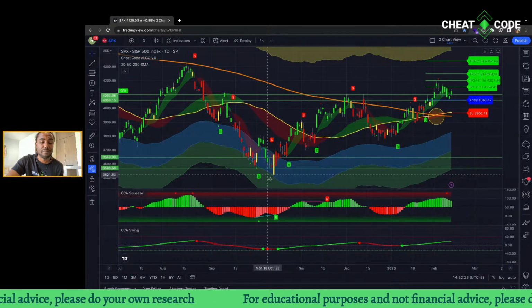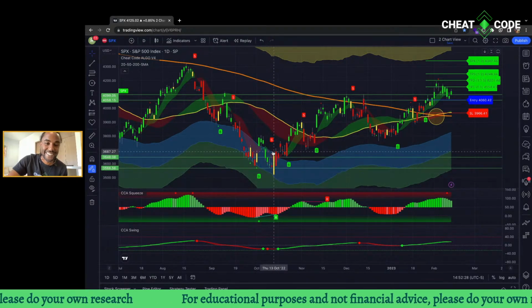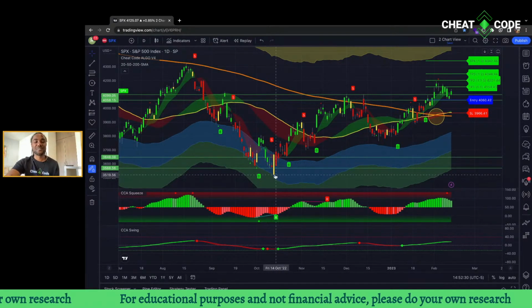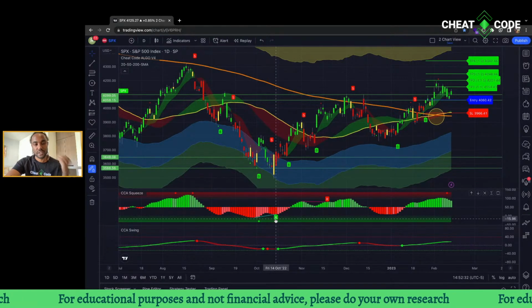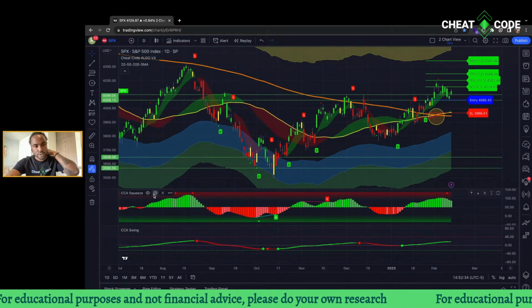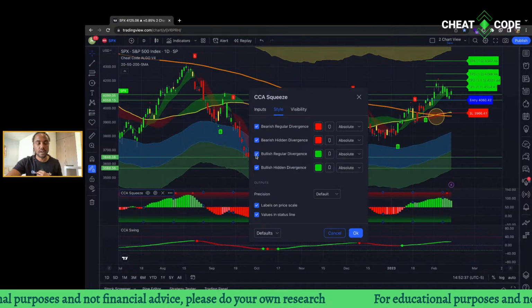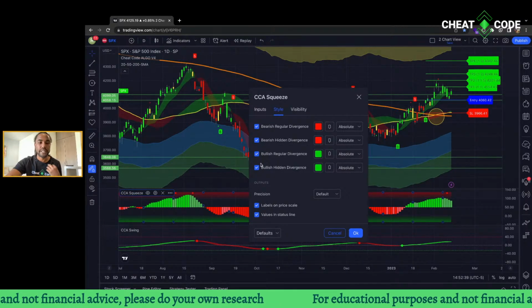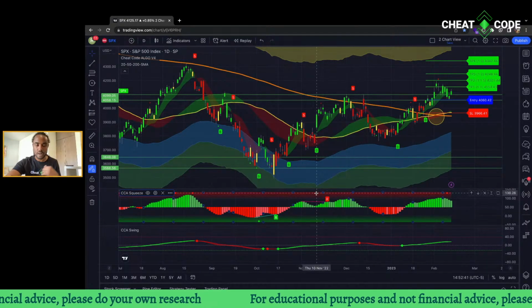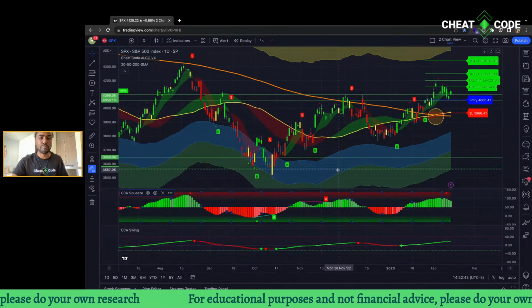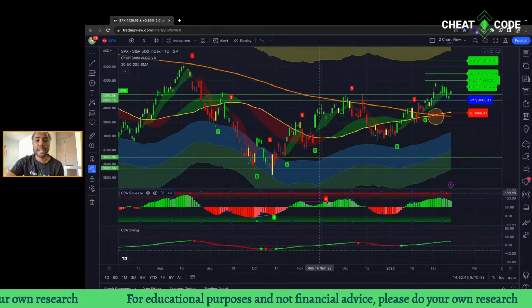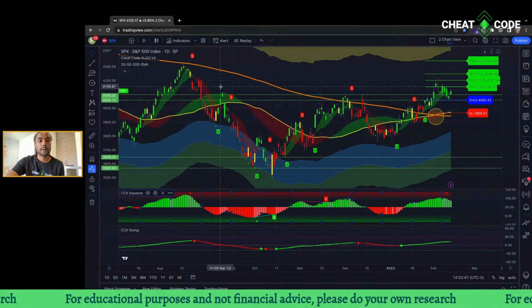Then you got this major caution candle here, just out of the reversal bands too, and you had the regular bullish divergence. You can turn on divergences here on your squeeze as well. That way you can get these signals about hidden and regular divergences, whether they're bullish or bearish. You definitely want to have those because they help you.